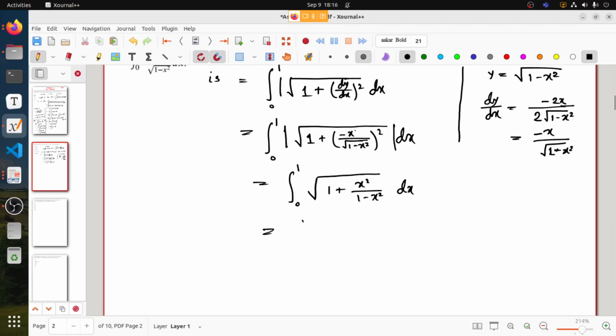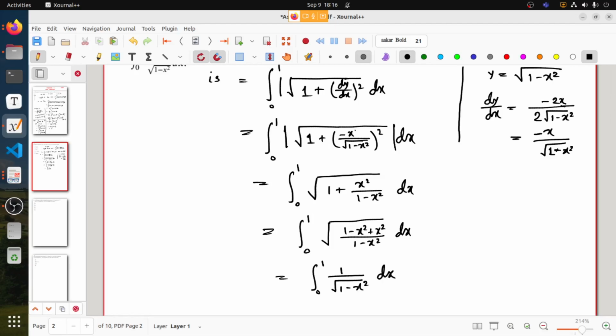So this will be the same as the integral from 0 to 1 of the square root of 1 minus x square plus x square over 1 minus x square, which cancels out to 1 by 1 minus x square dx, right?